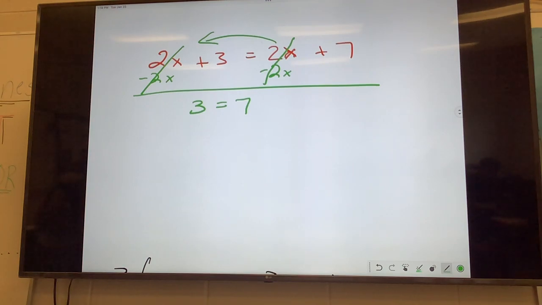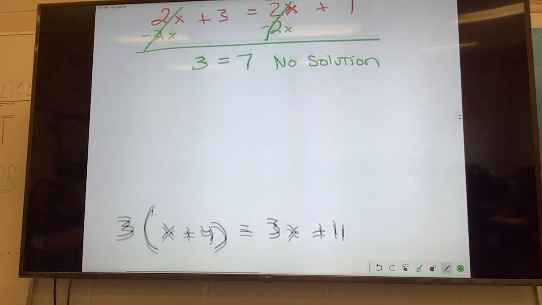Does 3 equal 7? That is what's called a no solution. It will happen. Don't confuse it. If you solve and find out x is 0, x is 0 is a solution. 0 is a number. So don't confuse no solution and x equals 0.